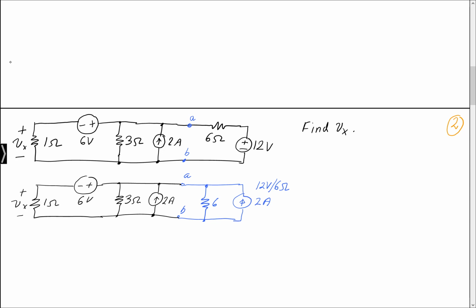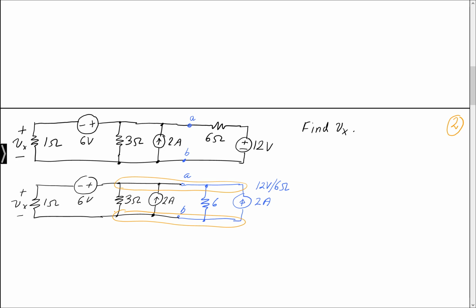So if you look over here, this is one terminal. Here's another terminal. So everything between those two terminals is in parallel: the 3 ohm, 6 ohm, 2 amp, and the other 2 amp are all in parallel.